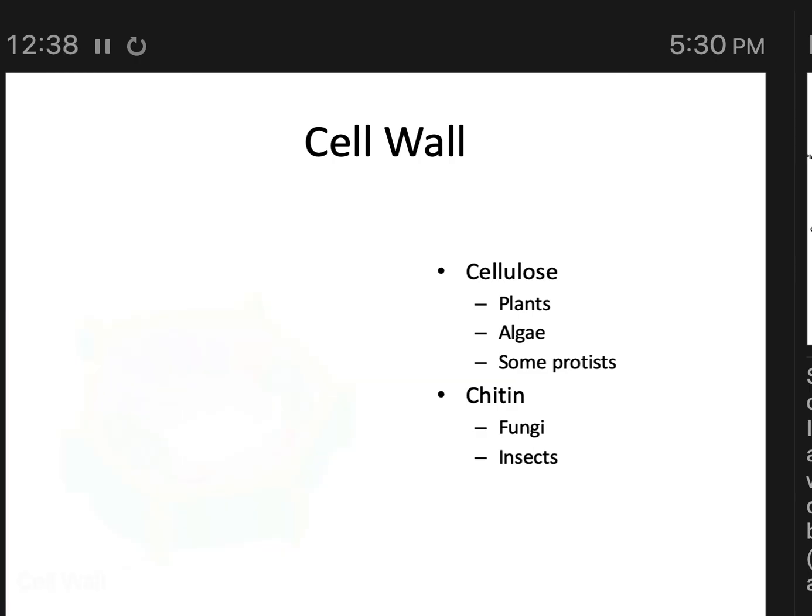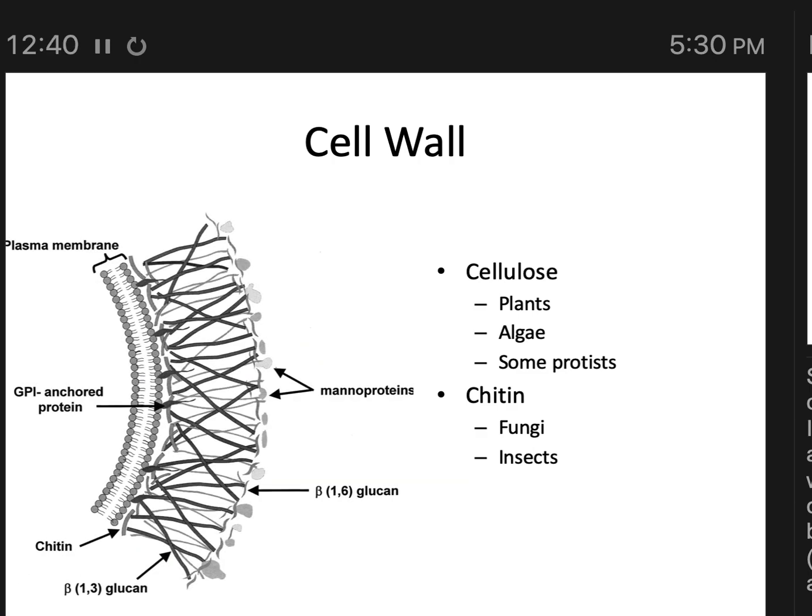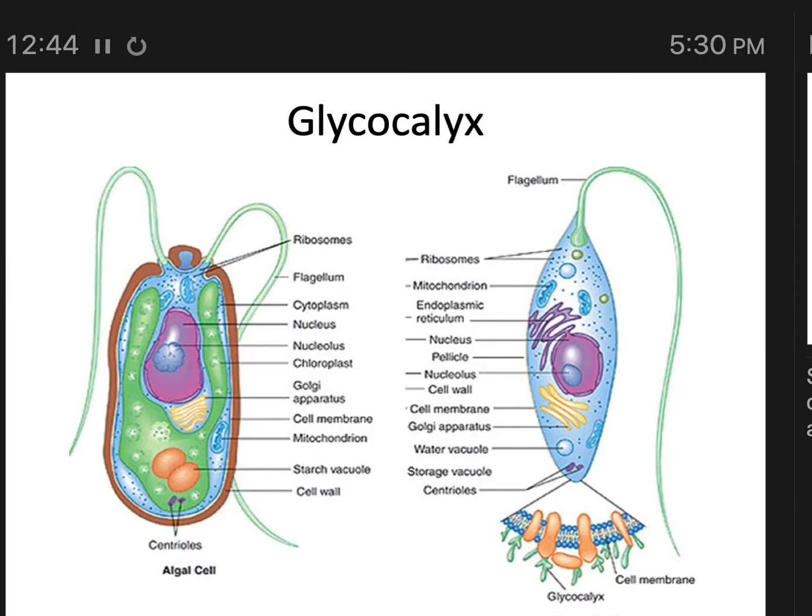So here's the chitin cell wall for fungi. Some protists have a cell wall, and some have a glycocalyx layer. Those with cell walls are typically more plant-like, while those with glycocalyx are typically more animal-like, but that's not a strict rule.